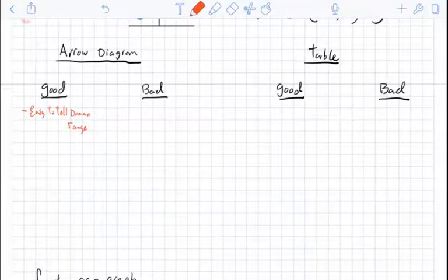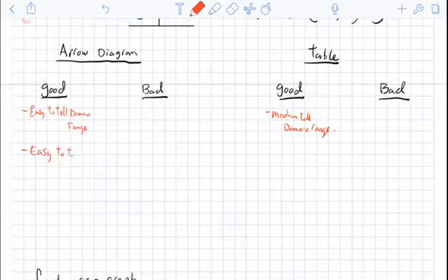For tables, it's medium. It's not so easy to tell domain and range. They're not in order, so it's harder to tell. It's easy to tell if an arrow diagram is a function. For a table, it's kind of tricky to tell. It's medium difficulty.